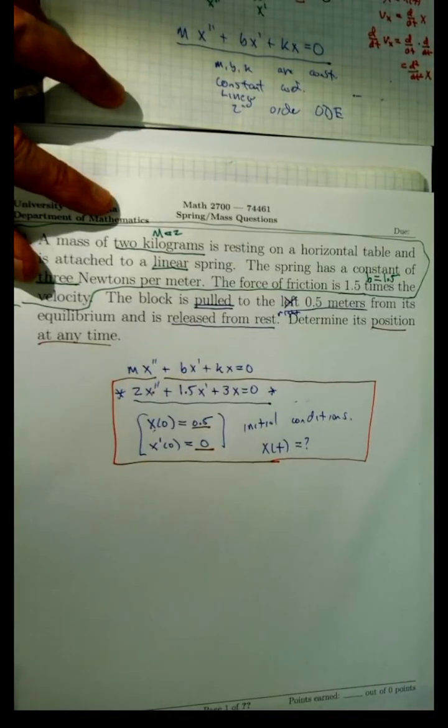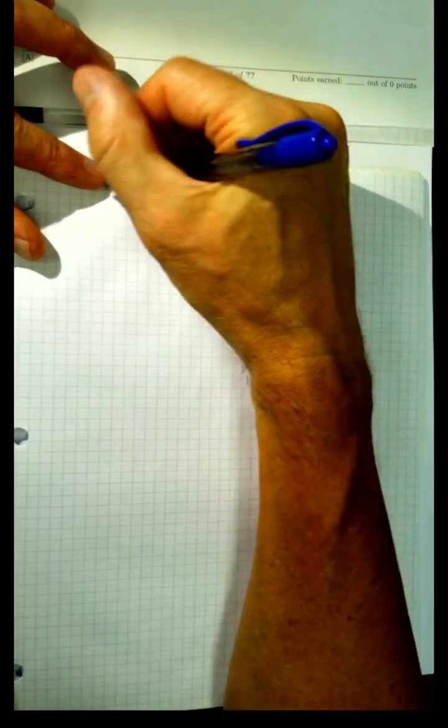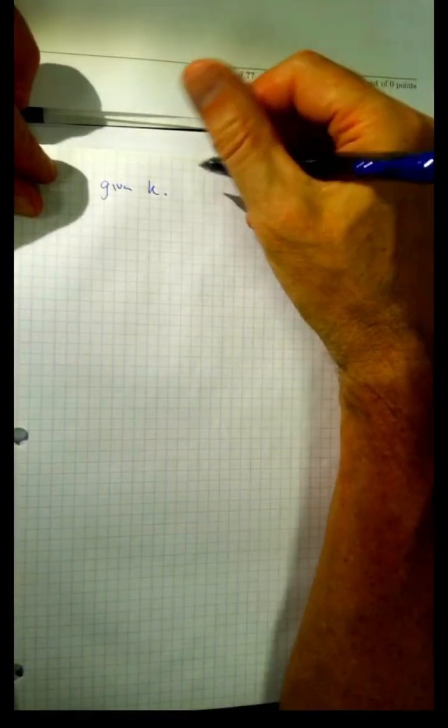All right. As an aside, note that you're given k in this particular instance. There are other ways you could be given enough information to get k.